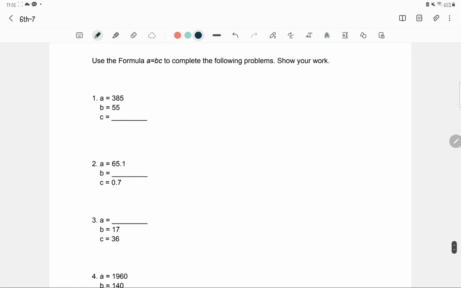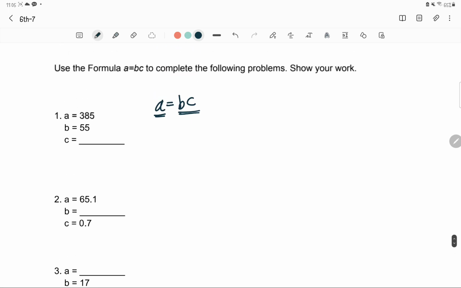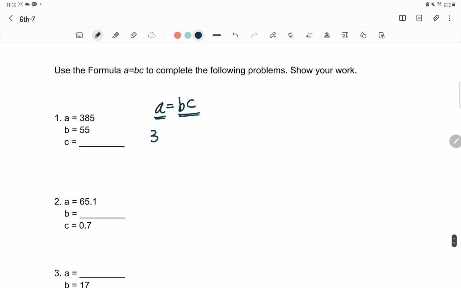And let's quickly go over number A, which is A equals BC, where A is the result of the product of B and C. So we can write it as 385 is 55 times C, and C we don't know.